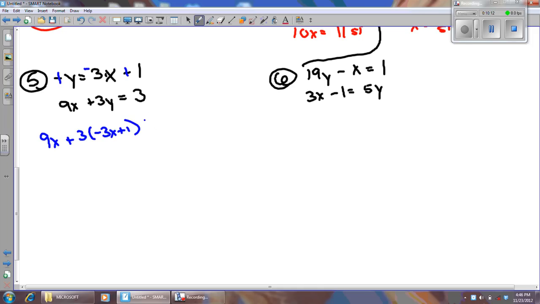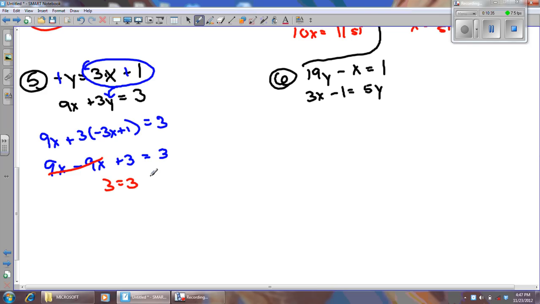And that's going to equal 3. All I did was take this and put it in for y right there. All right, I'm going to get 9x minus 9x plus 3 equals 3. And in this one, the 9x's are going to cancel, leaving me with 3 equal to 3.